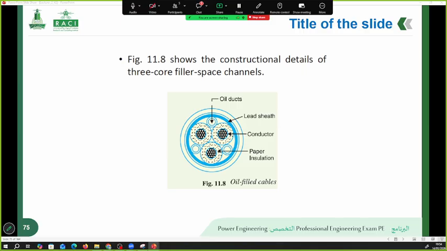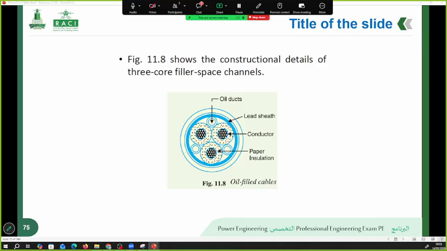This slide illustrates a cross section of a three-core filler space channel oil filled cable. Unlike the previous single core design, this cable has three separate cores laid together. This figure shows that the empty space between the three insulated cores and the outer lead sheath is used as oil duct.